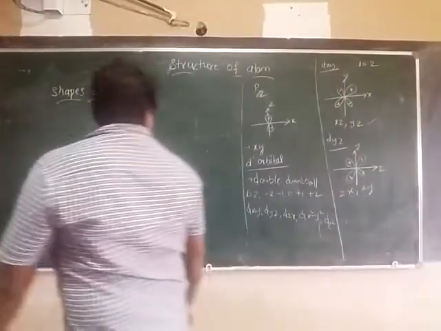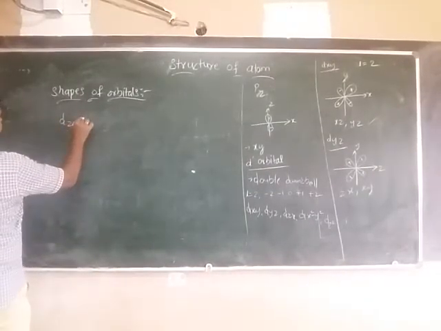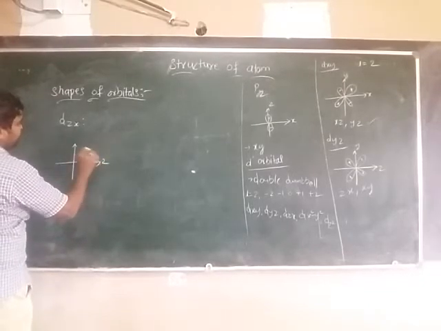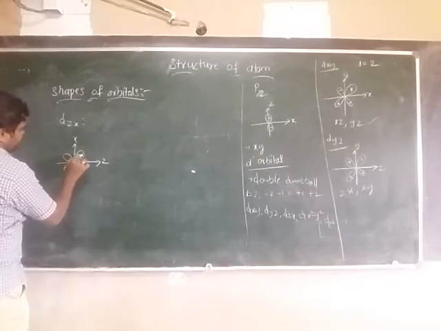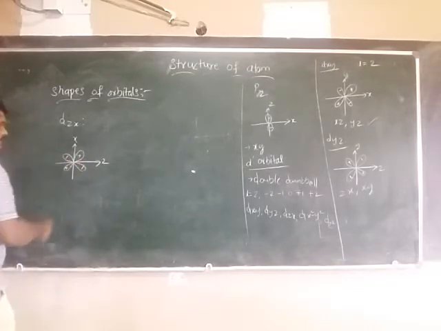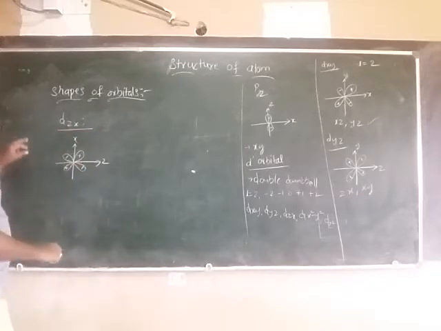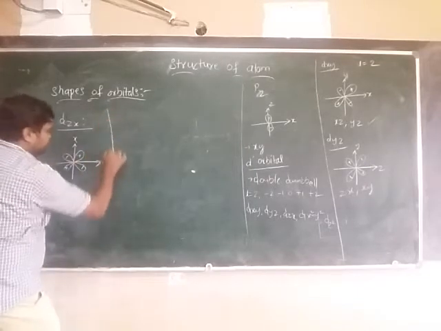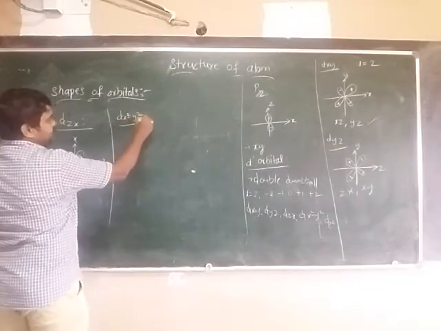Next, another one, dzx. In dzx, the four lobes are present in between the two axes. Is it clear? So this is the dzx orbital. The nodal planes are xy and yz.